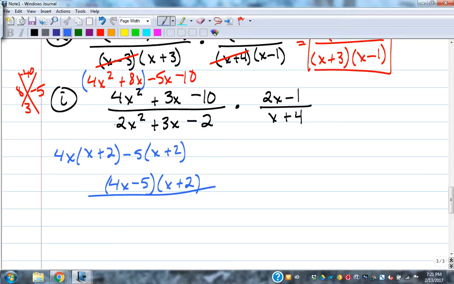All right, let's factor the bottom part. So 2x squared plus 3x minus 2. If I do the X method for that, that's 4 and negative 1. So I've got 2x squared plus 4x minus 1x minus 2.